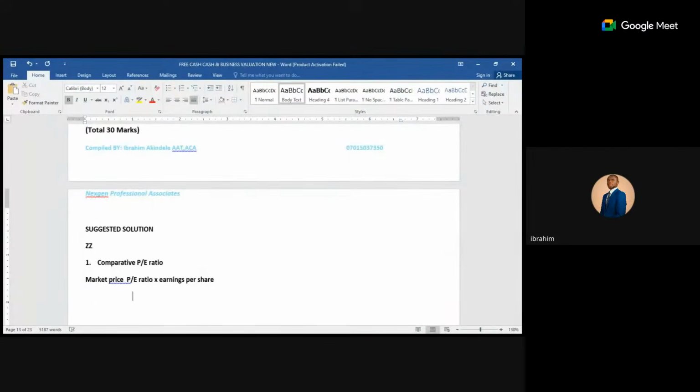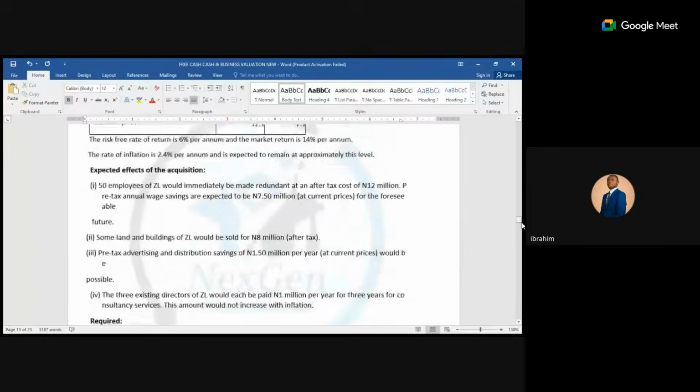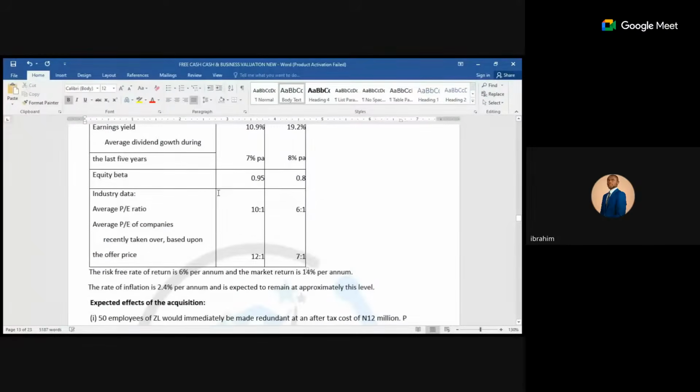So now the question is, which of these PE ratios are we going to use? Is it the average PE ratio, or is it the average PE ratio of companies recently taken over based upon the offer price? We should not forget that they just want to acquire. We're talking about acquisition, right?